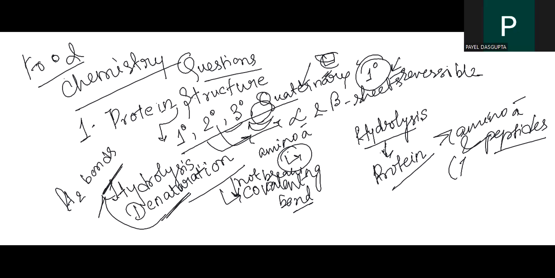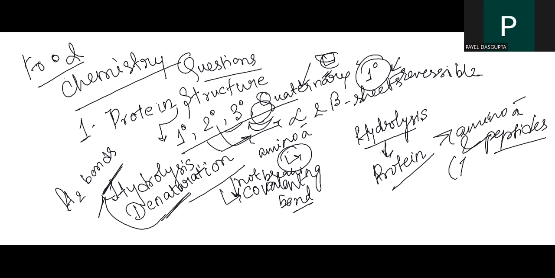That is called coagulation. Whereas hydrolysis is usually by proteolytic enzymes, which gives you amino acids and peptides. This is the basic difference between the denaturation of protein and the hydrolysis of proteins.